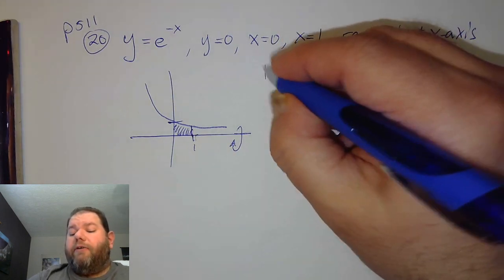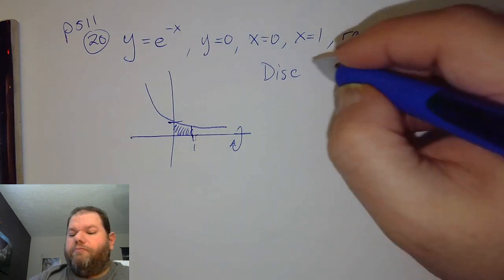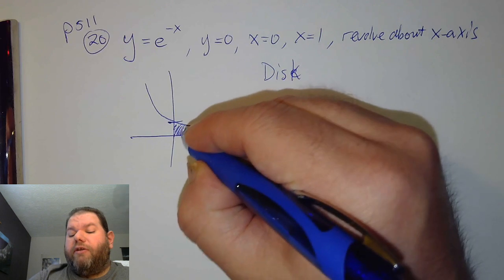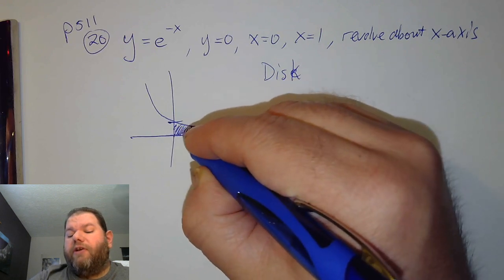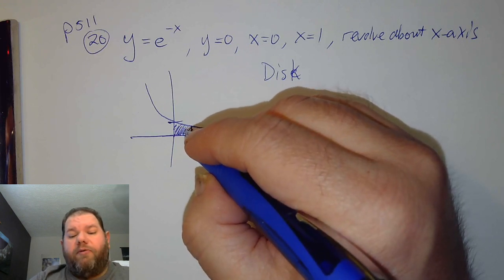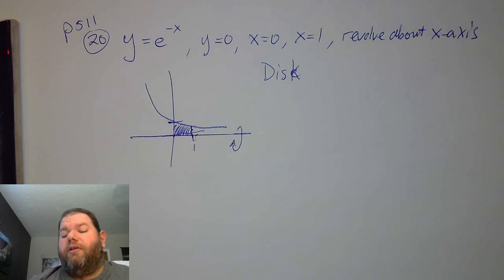And it tells us we can use a disk method, but again which I think is K, not C, sorry. But we could tell it's a disk method in general because the shaded region that we found here is completely adjacent to the axis of revolution, so there won't be any space in between when we revolve that around. We'll just have a solid object. We would use a washer method if there is a hole in the middle being created, basically.